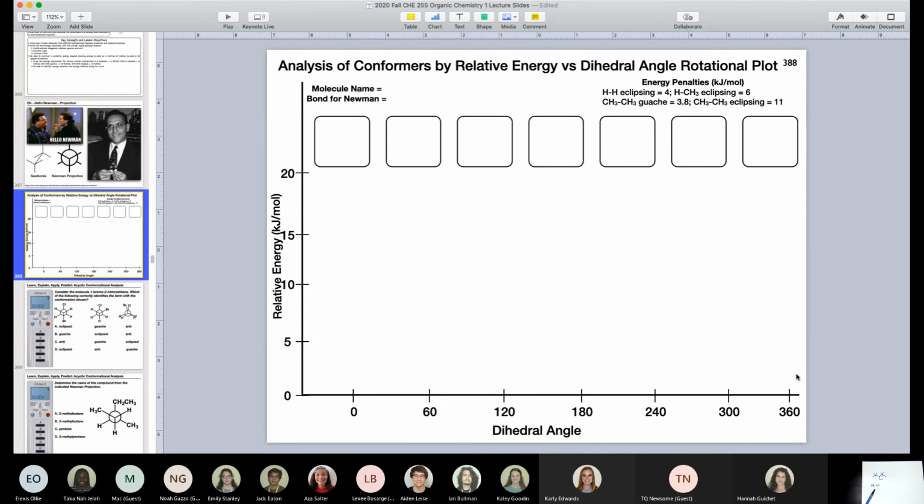This is in the textbook, correct? Yes, it's in the online textbook. It's under section 4.7, drawing Newman projections, and then it's Skill Builder 4.7.